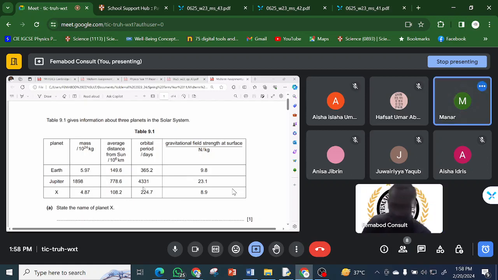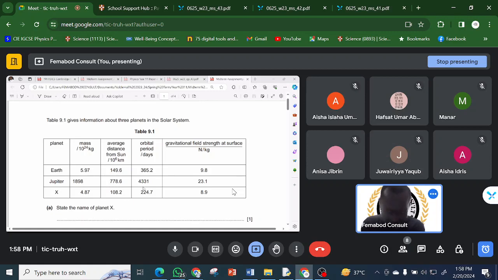Planet X. Look at all the values, the shortest distance from the sun. Yes, planet X, that's correct. Since planet X has the shortest distance from the sun, it tells us that planet X has to be before the Earth.